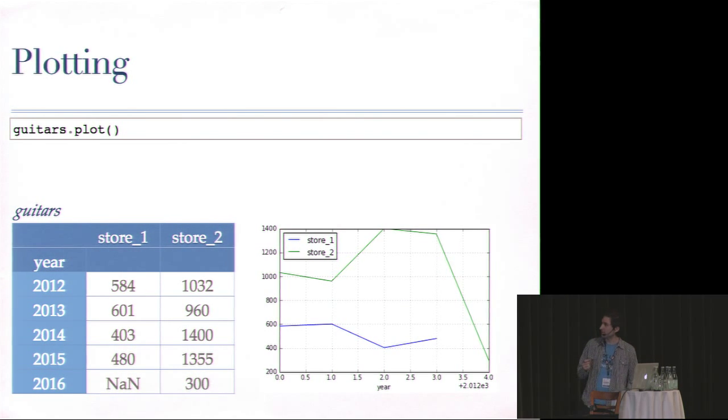I don't know if you can see the text, does anyone notice anything wrong with this plot? Yeah, exactly. The ticks at the bottom. Pandas doesn't recognize these as datetime objects, because they're just integers. So we have this mathematical notation, which we probably don't want in this case.